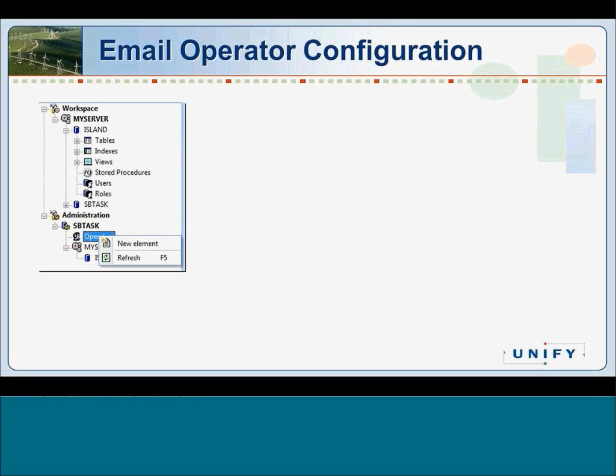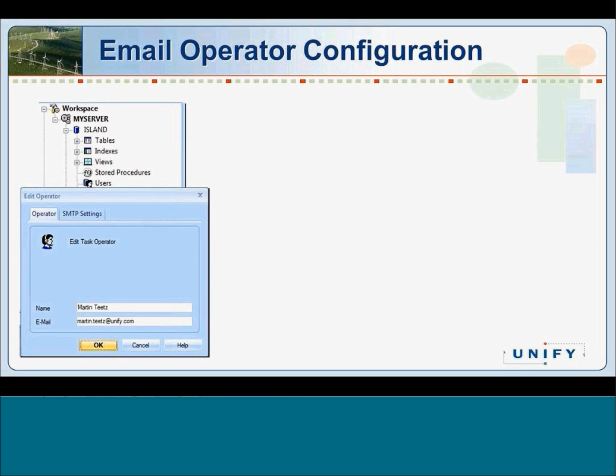And then one step further is the email operator. You can have multiple email operators that define tasks and have run automated tasks. You basically go to the operator tree item, click on new element, and then you get a dialog where you can provide the operator name and the email address.